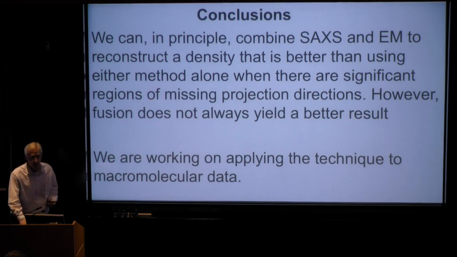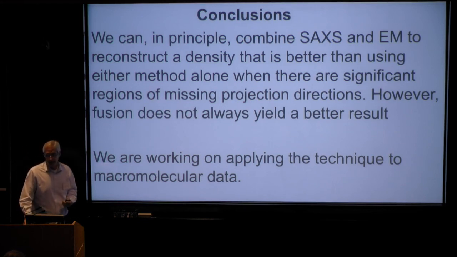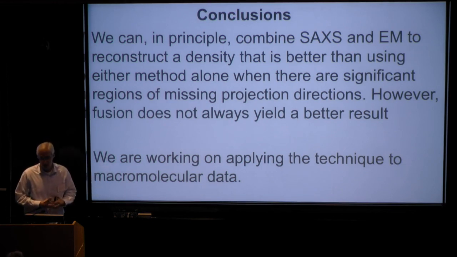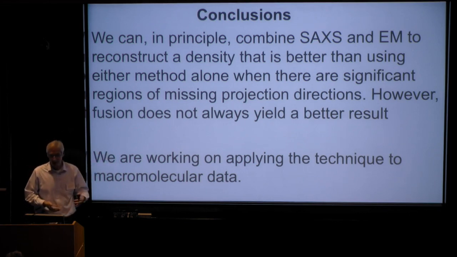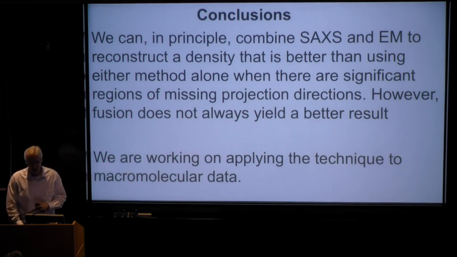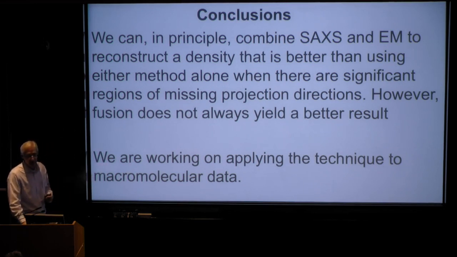The conclusion to take away here is that SACS and EM can be combined if we first cross-validate to make sure that we're adding the right conformations to each other. Here in these numerical experiments, we didn't have to do that because we had everything the same in both.